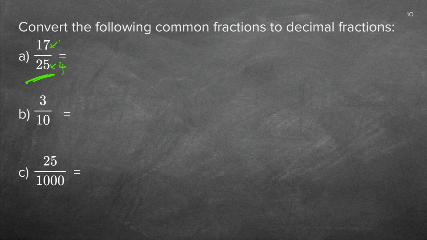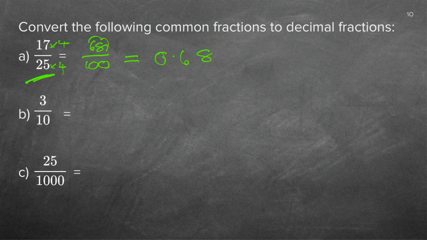What we do at the bottom, we do at the top. So then we have got the fraction out of 100. So what is 17 times 4? 68. So if we do that in a decimal fraction, remember, 0.68. If you're not sure what I'm doing, please pause and go back to the lesson where we discuss this.